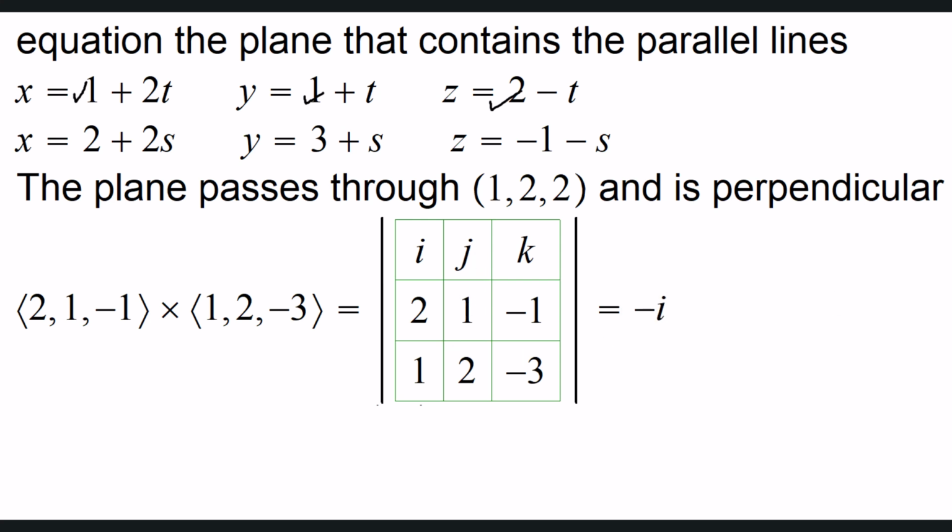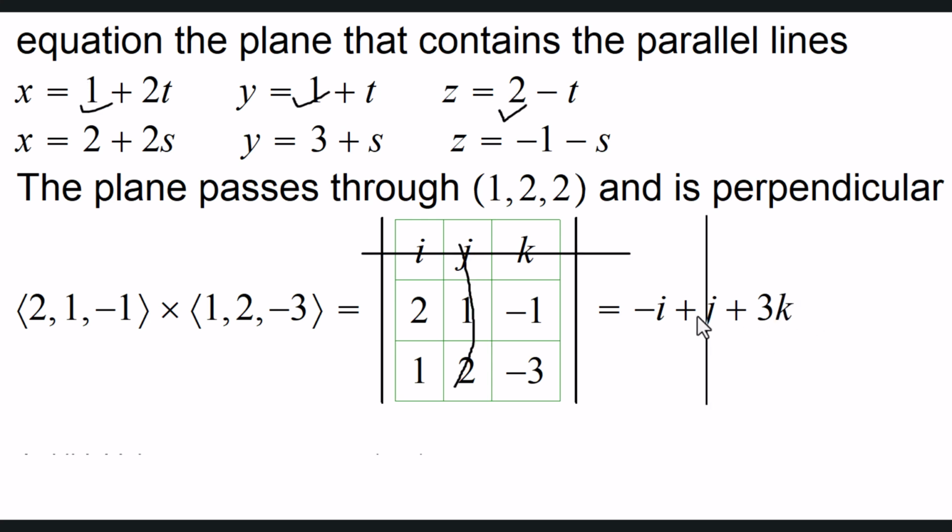And then for j, what we do is that we are going to ignore these 2, and that will be negative j, and that's going to be negative 6 plus 1, that is negative 5. So with that, negative j becomes positive 5j. And then we have 2 times 2 is 4 minus 1, that is simply 3k.